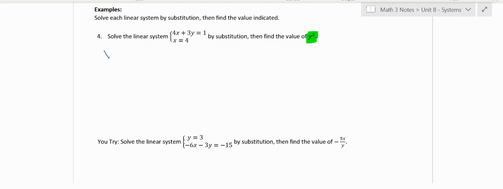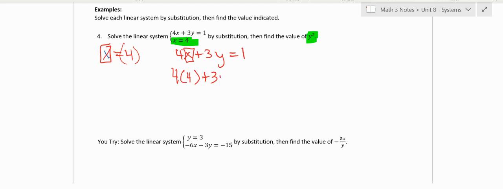If I look at it, I actually already have my x value. So if I was to rewrite it the same way, I already have what x equals. X equals 4. So wherever I see an x, I'm going to put a 4. We're going to solve it out.